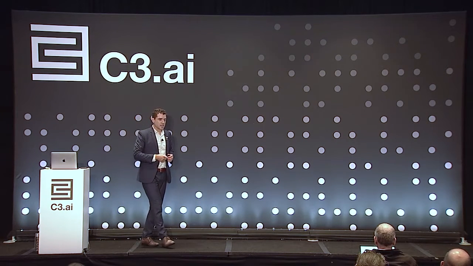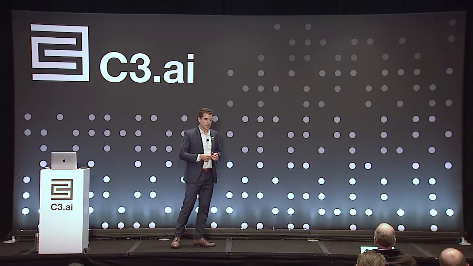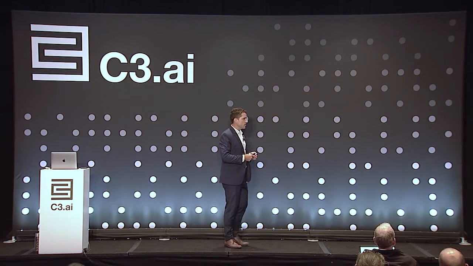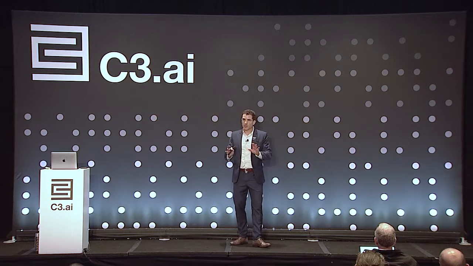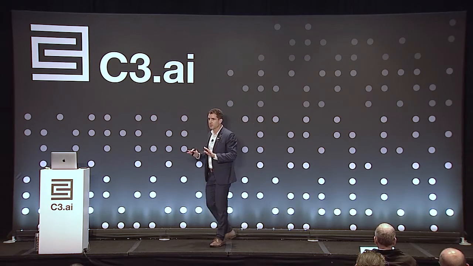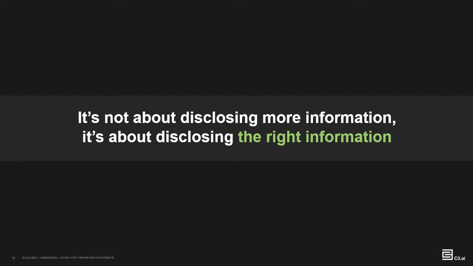And the authors hint at this, and this is really, really important. This is something that we really focused on at SASB, is it's not about disclosing more information for the sake of additional information. It's about disclosing the right information. So what is the right information?